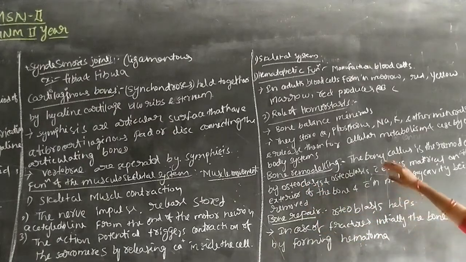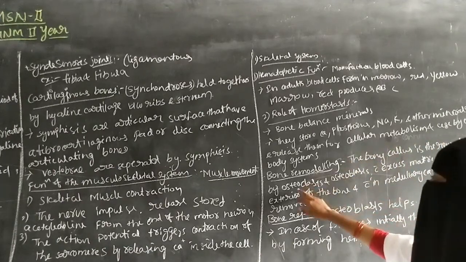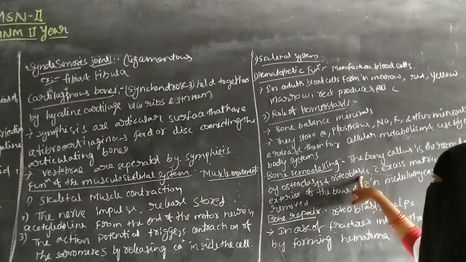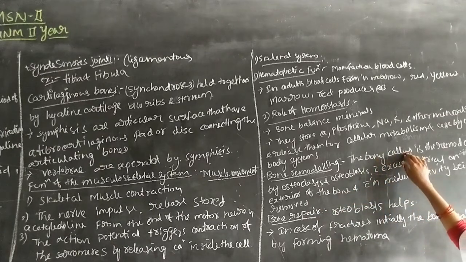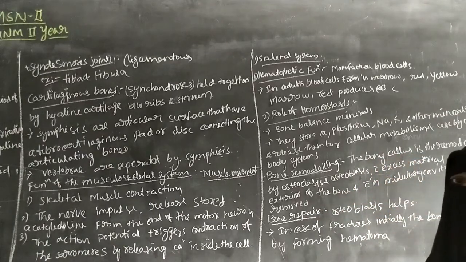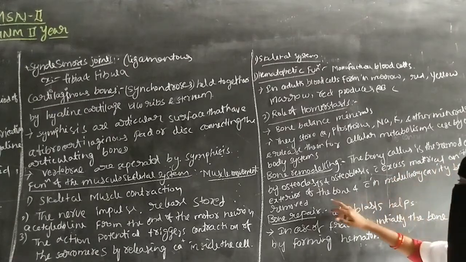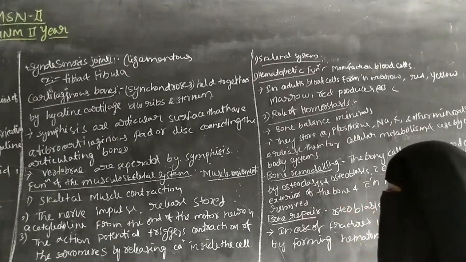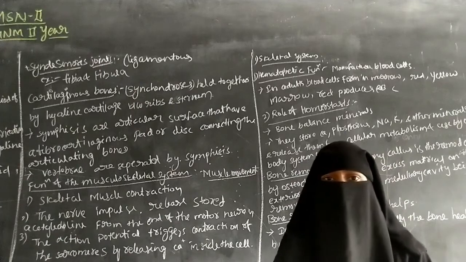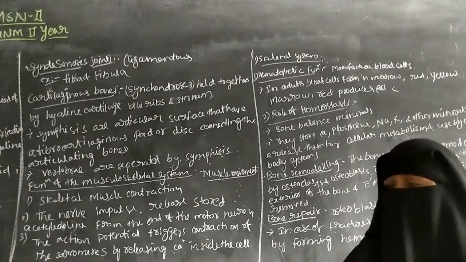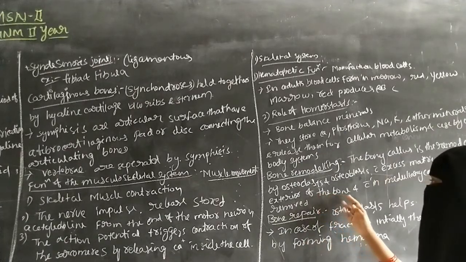So the bony callus is remodeled by the osteoclast and the osteoblast. Bony callus means a hardening or thickening with excess material on the exterior of the bone, foreign materials present over the exterior part of the bone.